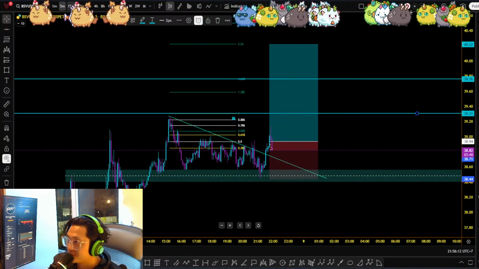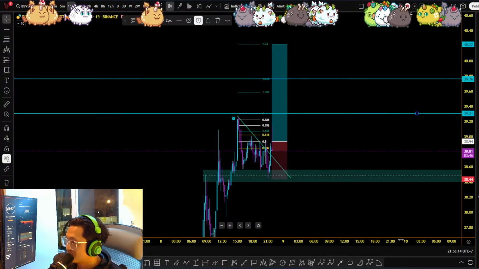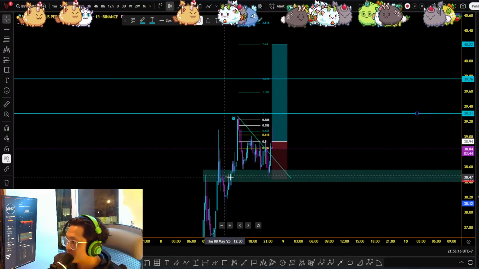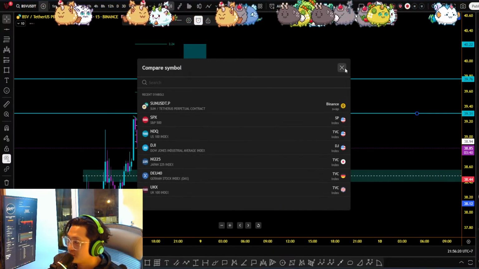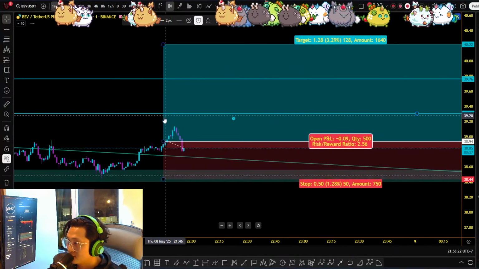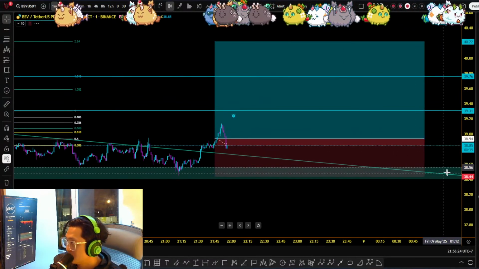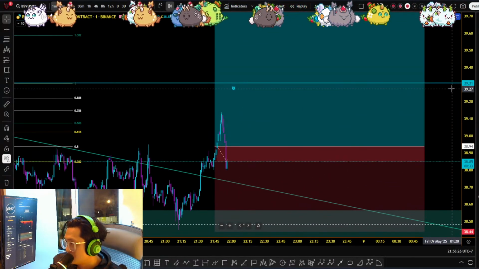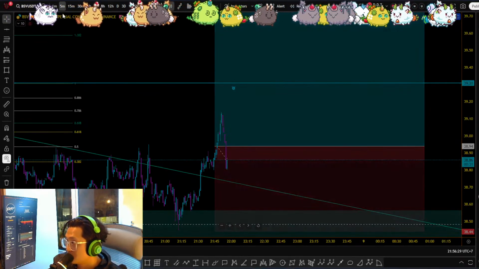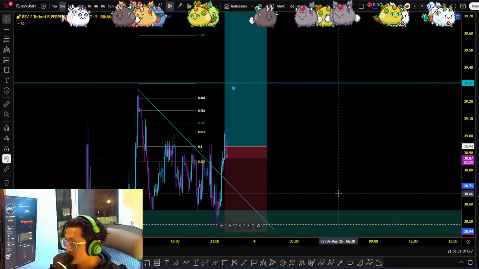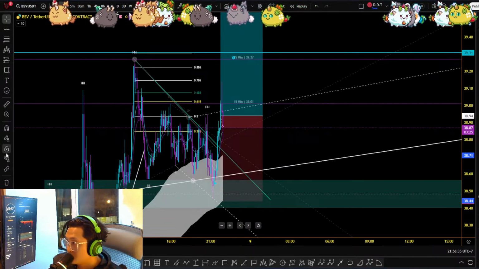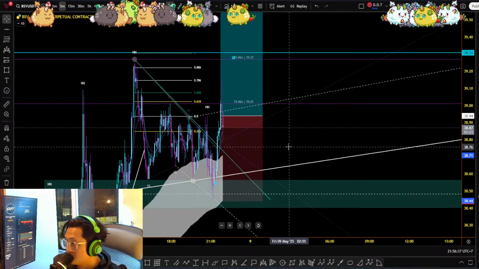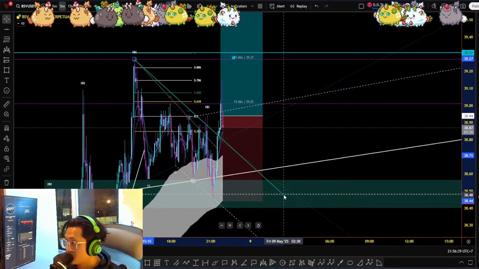Oh, you might want a reversal. False break. Looks like it's gonna be a false break, but let's see. I'm gonna do some crazy stuff in here. Or retracement. Looks like retracement, because we got the X mark.